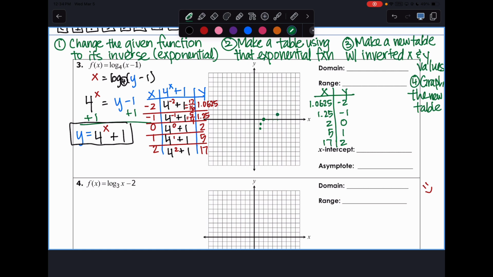I'm not going to graph 17, 2, but should I pass the 2 line when I graph this? 17 is probably almost double the distance here, right? So should I pass 2 as I'm graphing this? To the edge of the grid, you should not be passing 2. Do you understand why? Okay, I'll explain why.